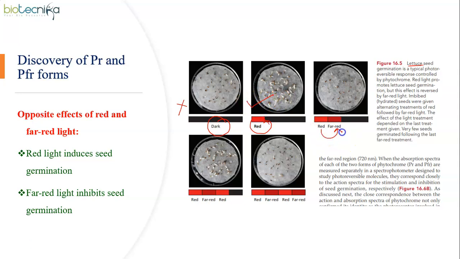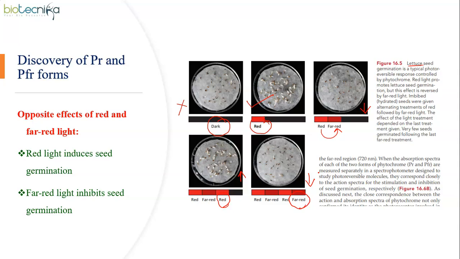Red to far red, that means first red light and after that exposing to far red, you will see that germination rate decreases. But after that, if you again put the red light, germination increases. But if you put the far red light, again the germination rate decreases.